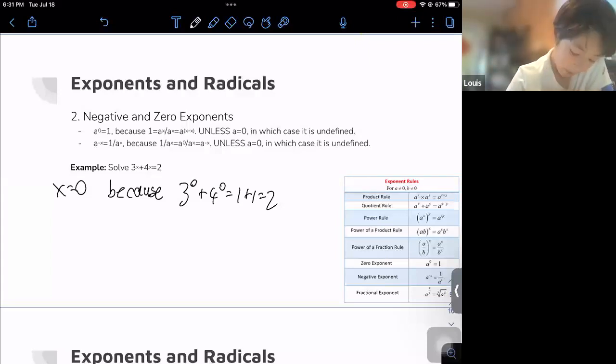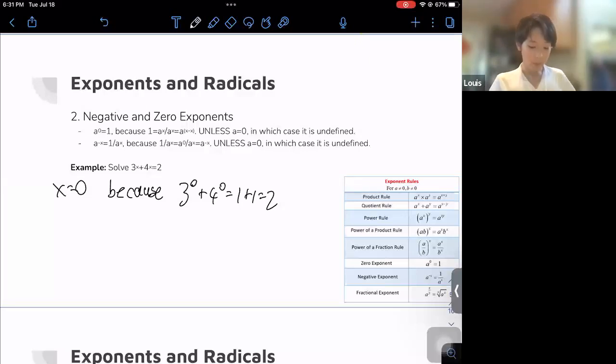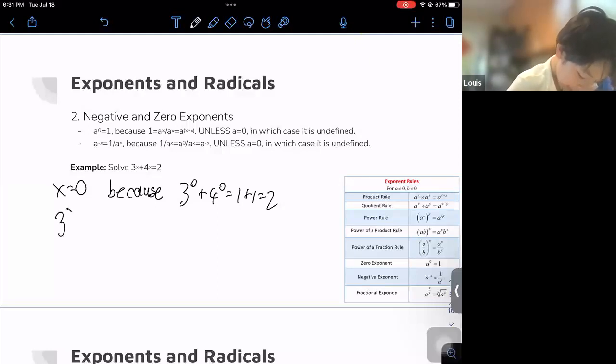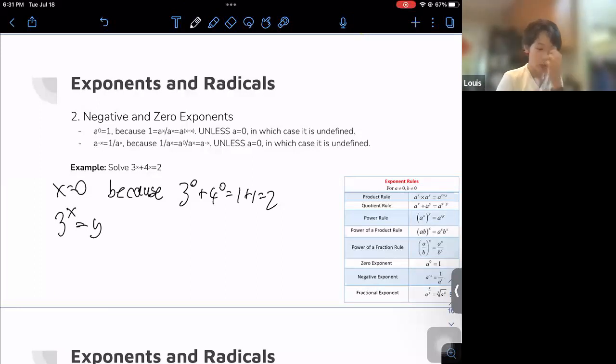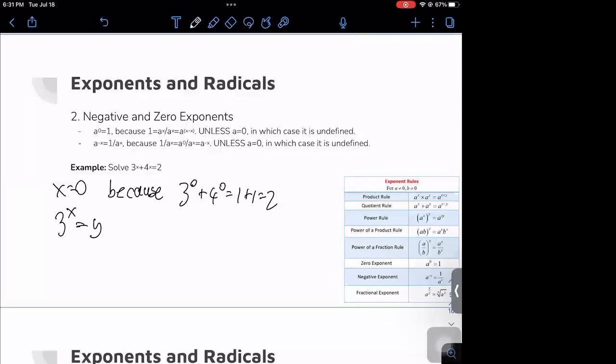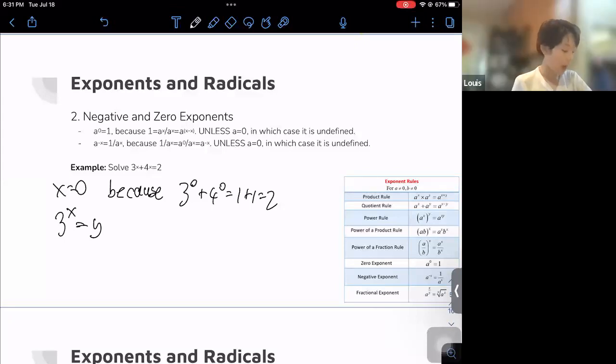So first, we have that 3 to the x equals, say, y. Suppose that's y.